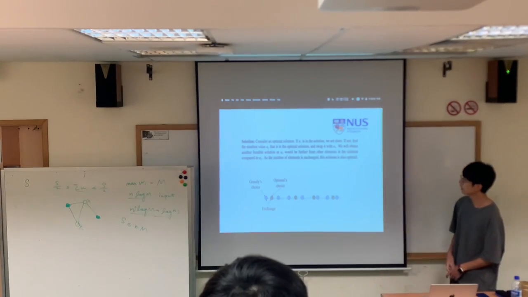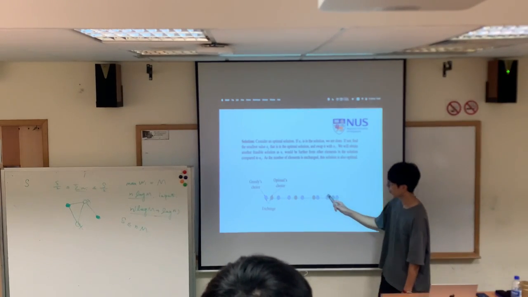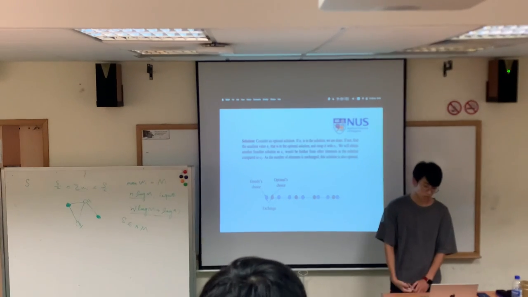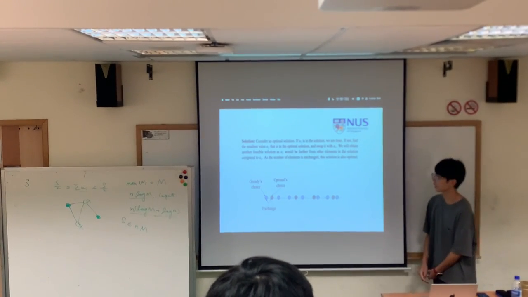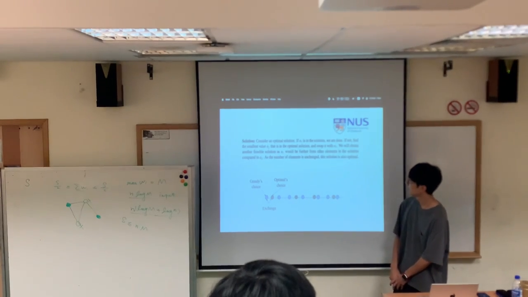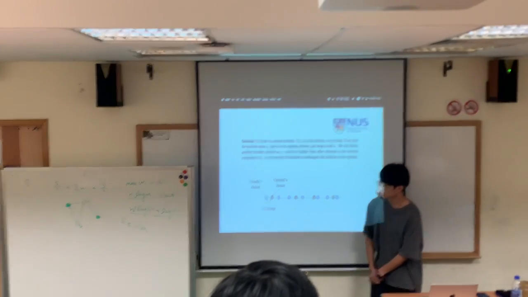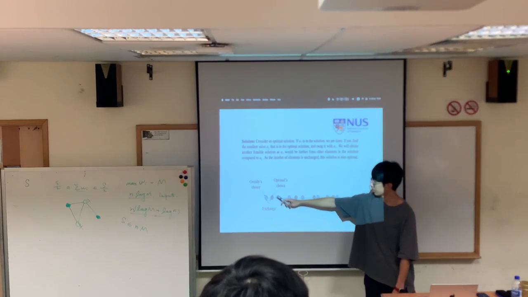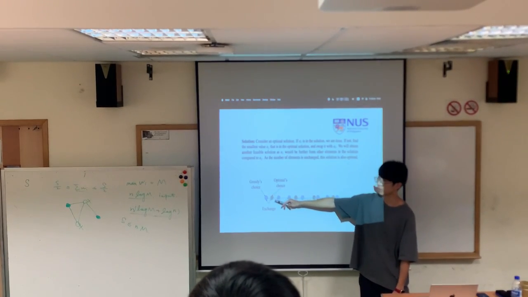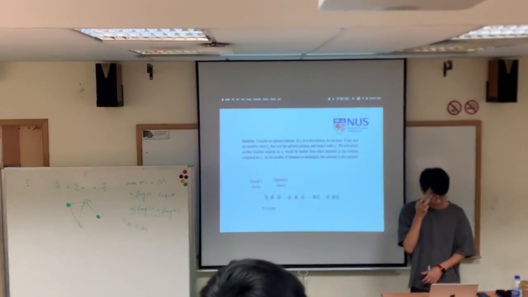So let's say this is an optimal solution, and it does not include A1. If it does not include A1, it has to have some vertex that is the smallest. And we can simply swap its smallest element with A1, and this will not harm.